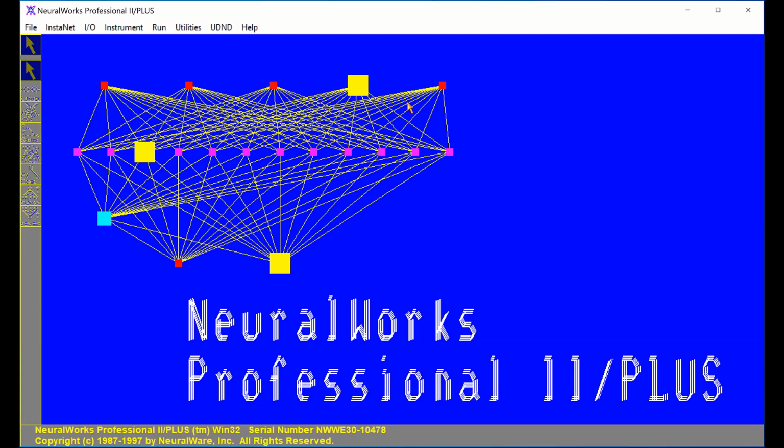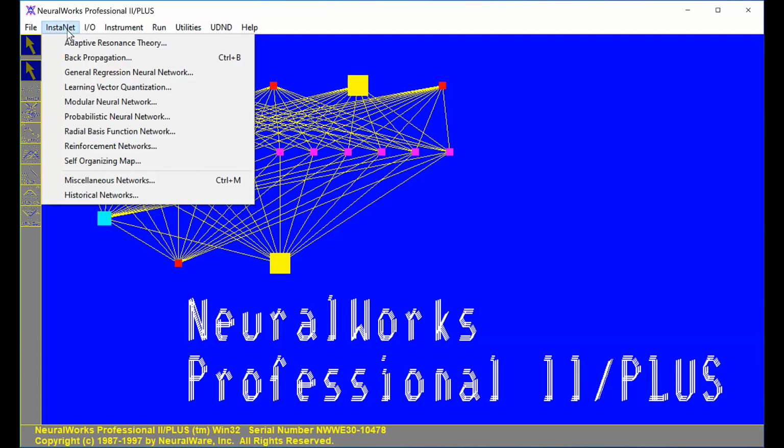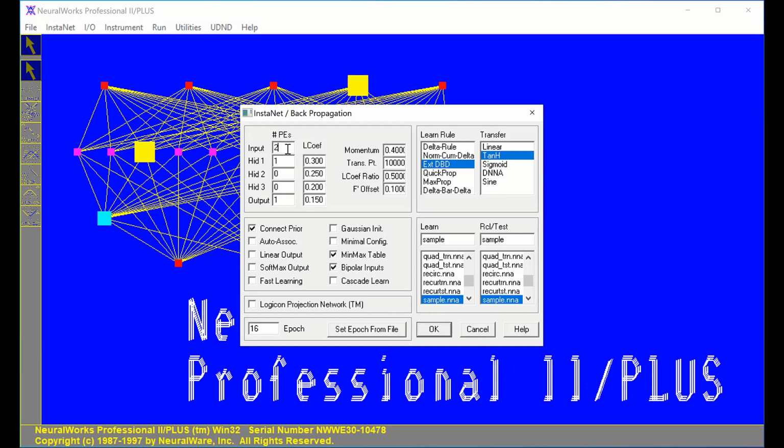All right, so here's NeuroWorks, and we're going to create the network. We'll do the same thing I did in the demo. We'll do the iris problem. So that's 4 inputs. Let's say 4 hidden neurons, and 3 outputs. I can do connect prior.